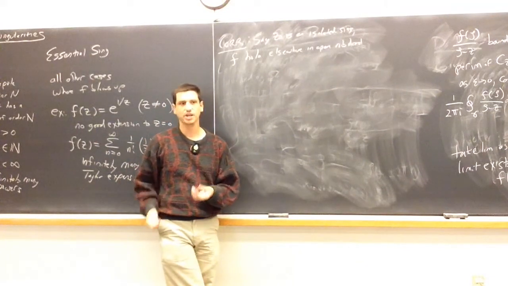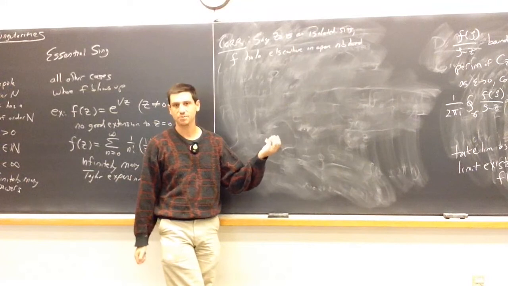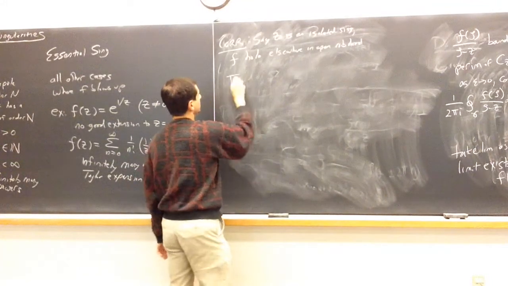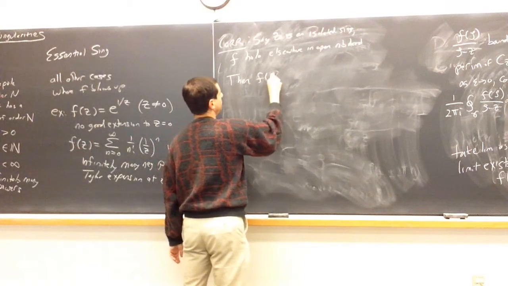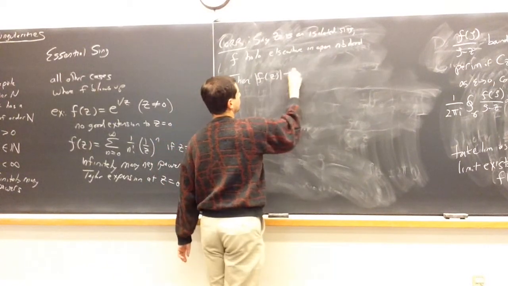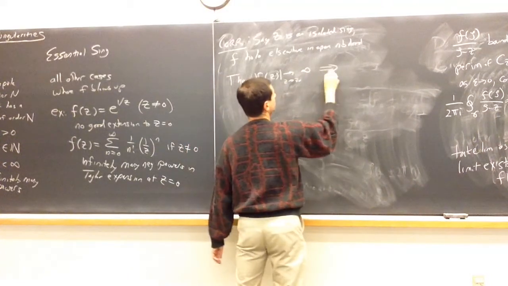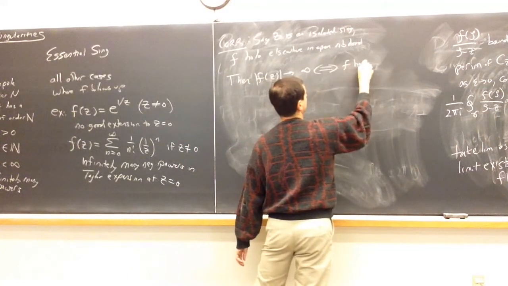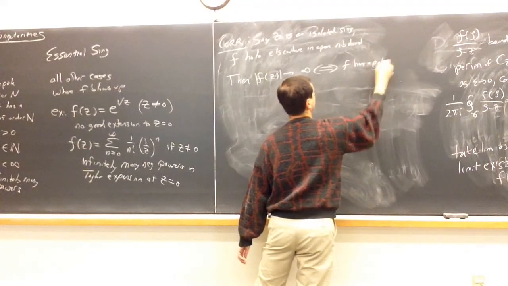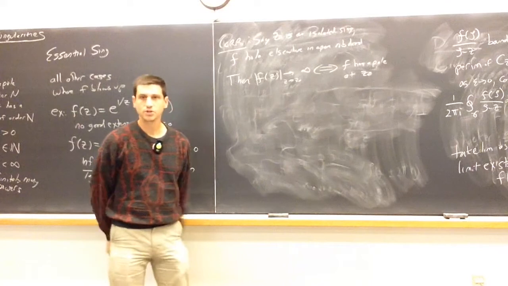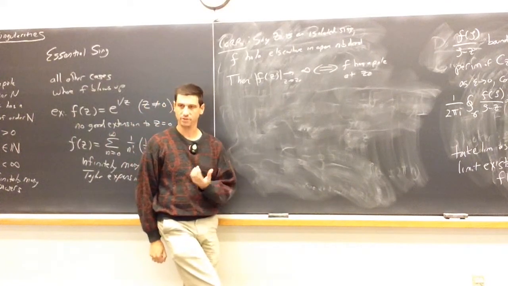We'll have some point. f has an isolated singularity at that point, and away from that point, f is holomorphic. Then f of z goes to infinity as z goes to z naught if and only if f has a pole at z naught.